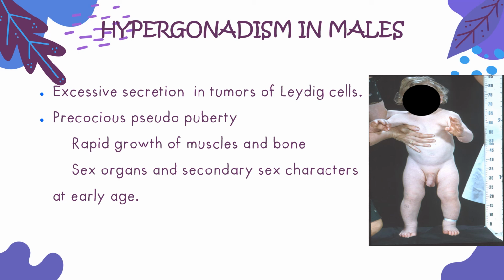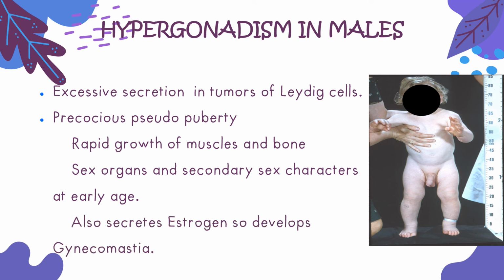The height is less due to early closure of the epiphysis. There is excessive development of sex organs and secondary sexual characters at a very early age. It also secretes estrogens, which can cause overgrowth of the breast. So that is gynecomastia.